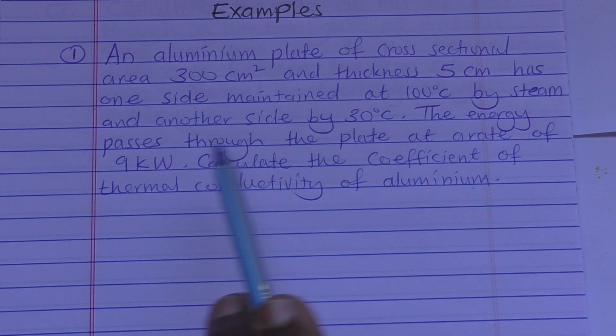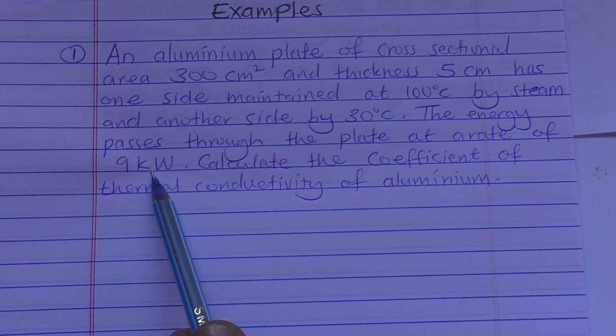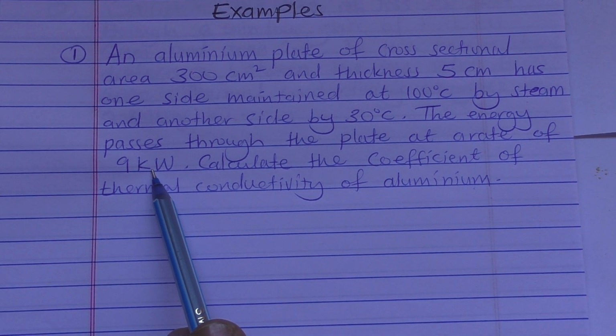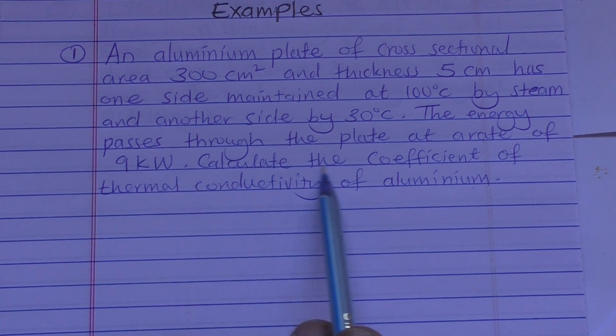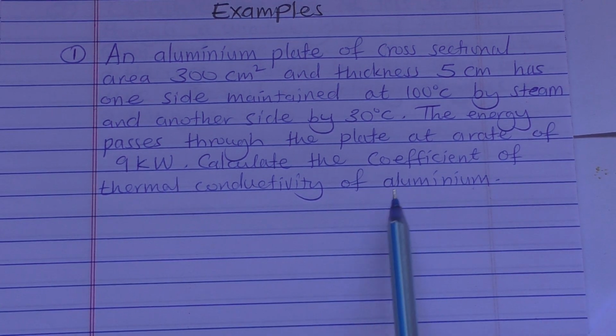So the energy passes through the plate at the rate of 9 kilowatts. So this is the power or the rate at which heat is being passed through the aluminum plate. They want us to get the coefficient of thermal conductivity of aluminum.